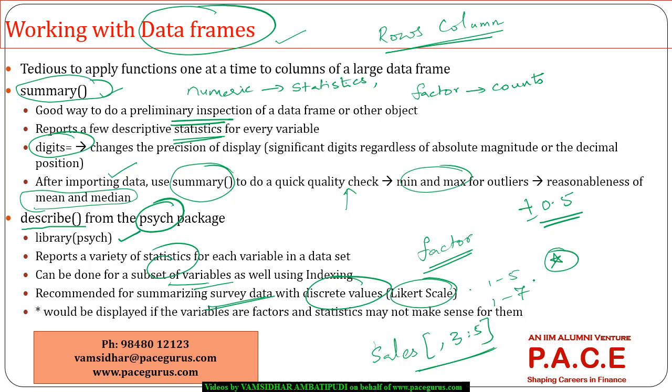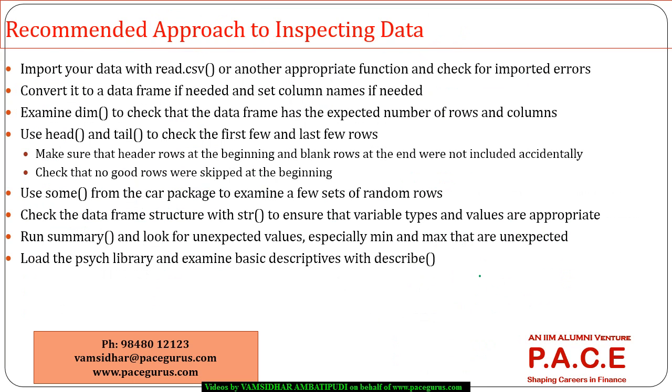So if I want to give some kind of quick summarizations on top of it, it looks like using the describe function from the psych package is much more beneficial. And the star is displayed if the variables are factors, because the statistics that we are computing for them really do not make any kind of sense. So these two functions I expect you to be very much comfortable with.